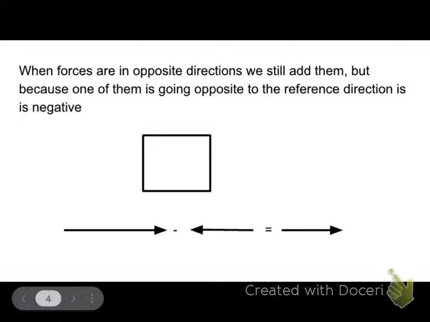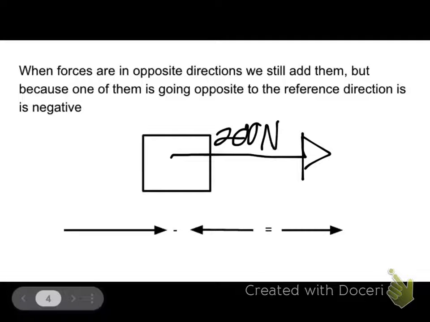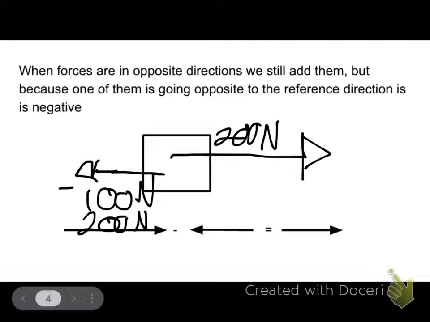If you have a 200 Newton force going in this direction, and then you have a 100 Newton force going in the opposite direction, then that force is going to be considered negative. Okay, so you'd have 200 minus 100 equaling out to 100 Newton force.